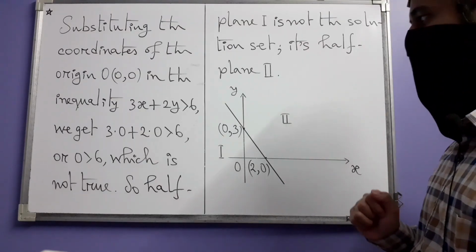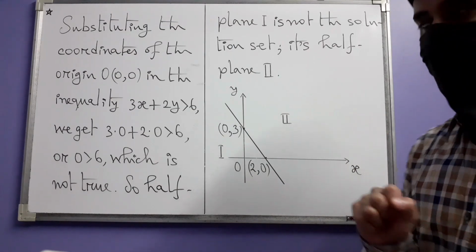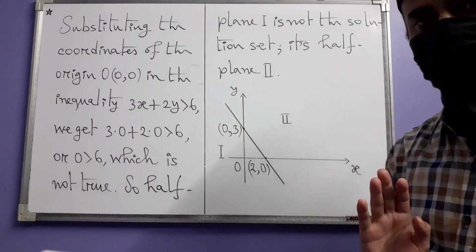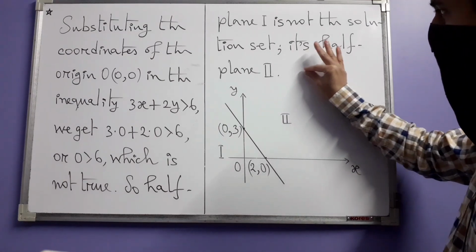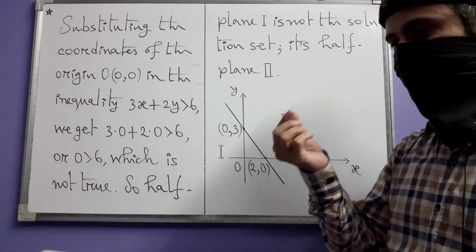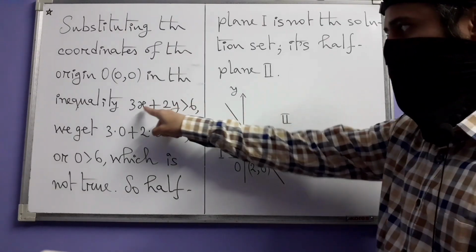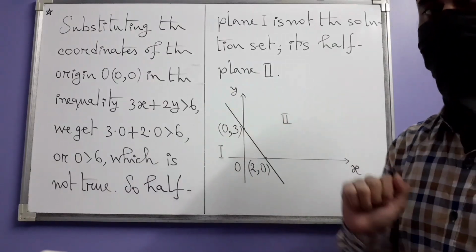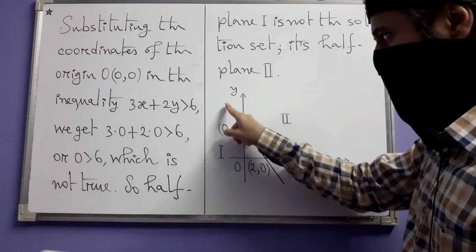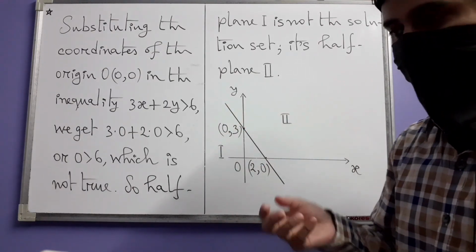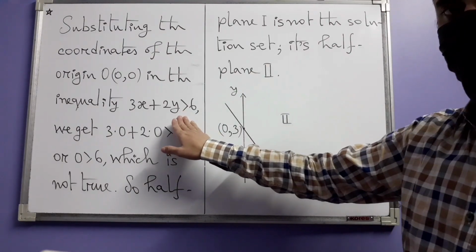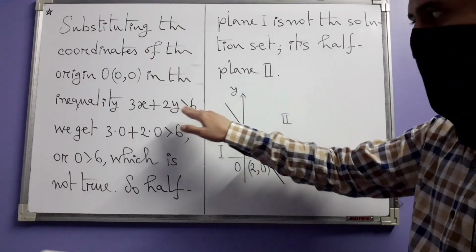So what does this mean? What does it actually mean for half plane 2 to be the solution set of that inequality? It means that if you arbitrarily choose any point from half plane 2, then you have its x and y coordinates, you put those values here, and this inequality will be satisfied. But if you choose any point from the line itself and substitute its coordinates in place of x and y, obviously you are not going to get this inequality. Instead, you will get equality, equal to 6.